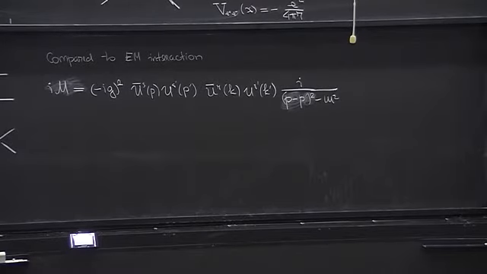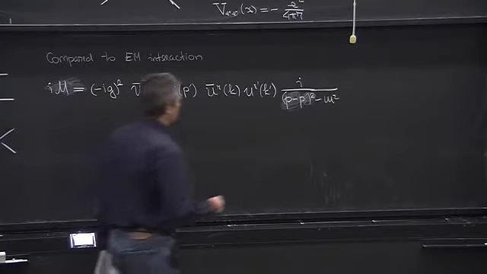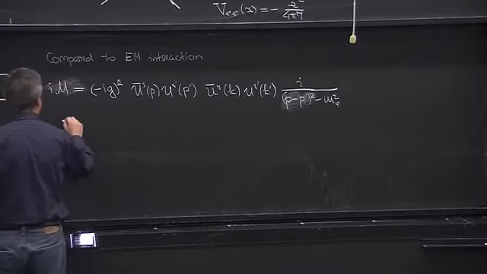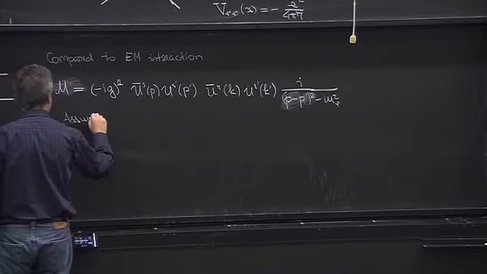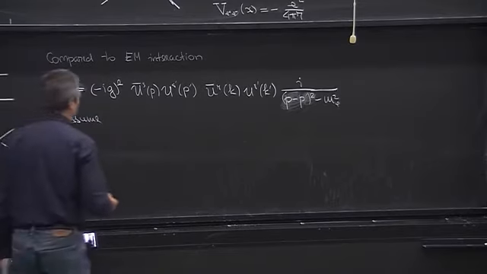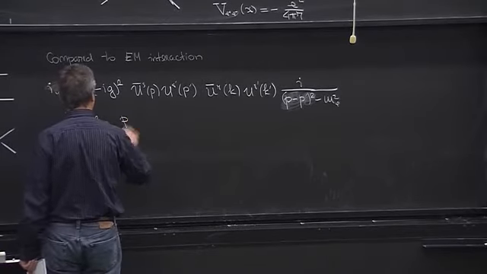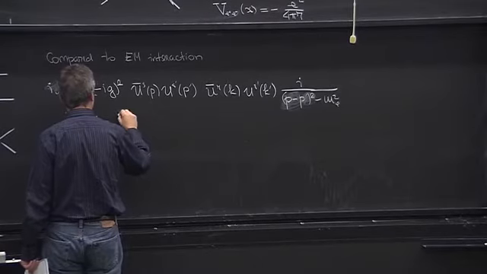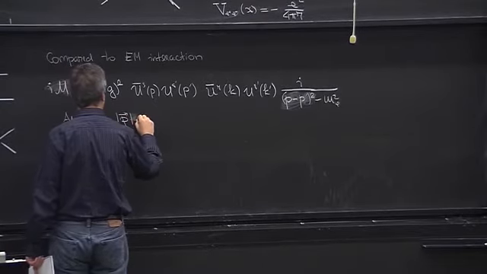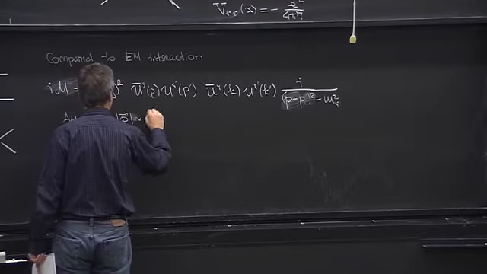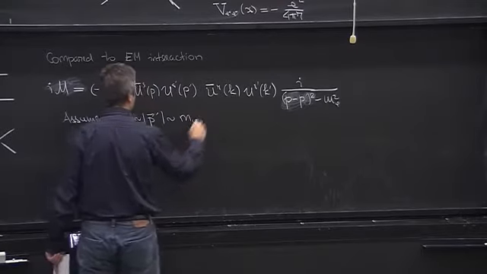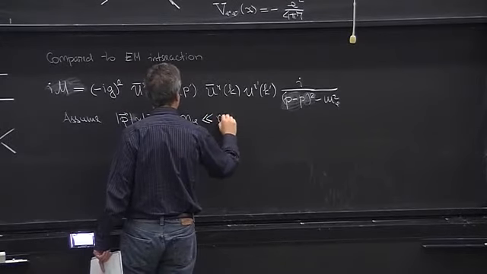Okay, so there are a few differences here. We will assume that the momenta here will be of order of the scalar mass, but much smaller than the fermion mass.